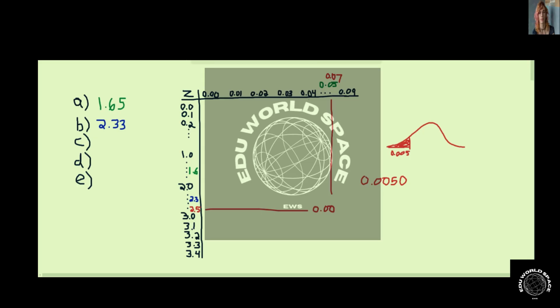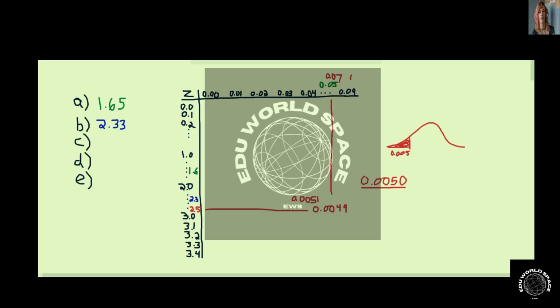So this one should be 0.0049, and the other one right next to it would be 0.0051. And again, these two are equally far apart from our target of 0.005. So we will average our two results.